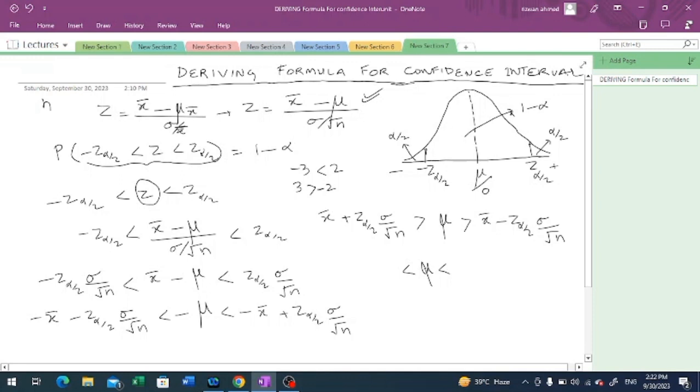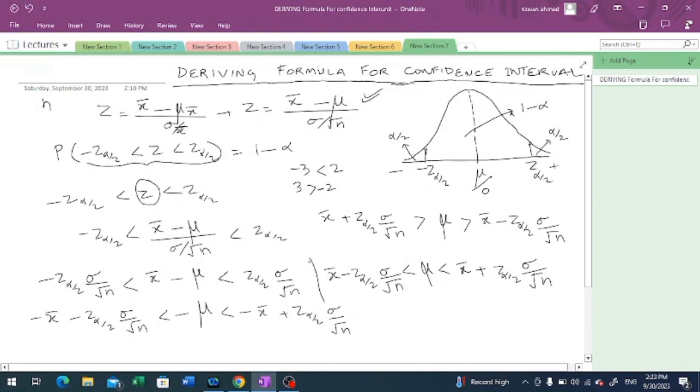We keep mu in the center, but in the lower bound we need to write down x bar minus z alpha by 2 times sigma divided by square root n. Similarly, we have to write down x bar plus z alpha by 2 times sigma divided by root n.